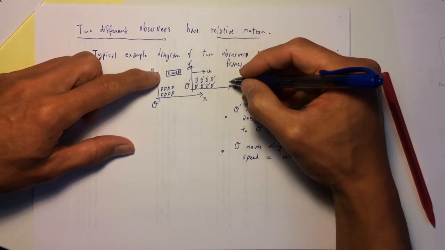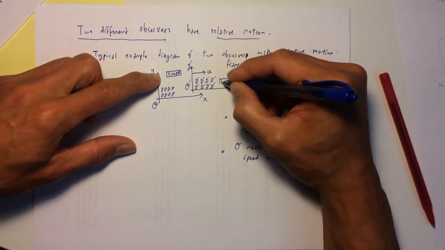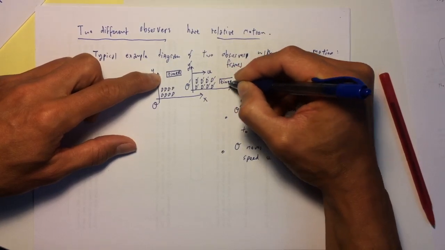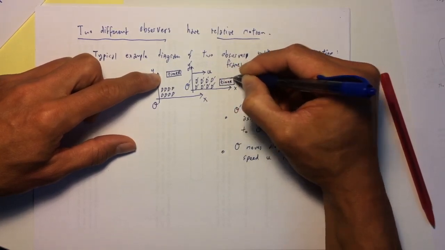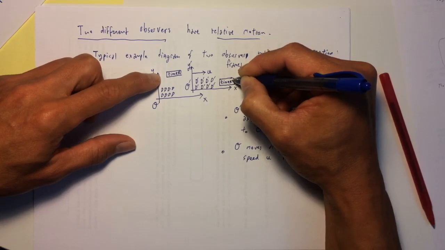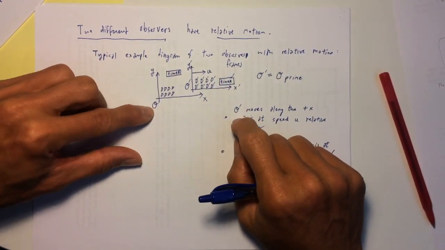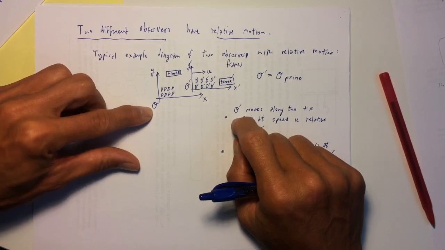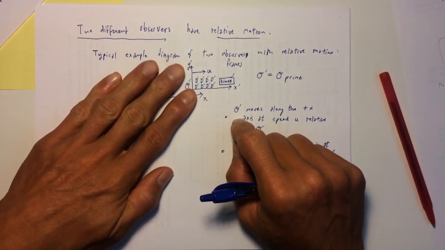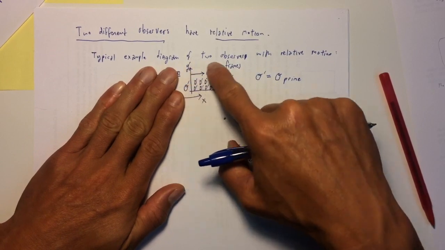Oh, and I forgot that this also brings along its own timer prime. So there's a timer associated with observer O, and observer O prime has its entire infrastructure.